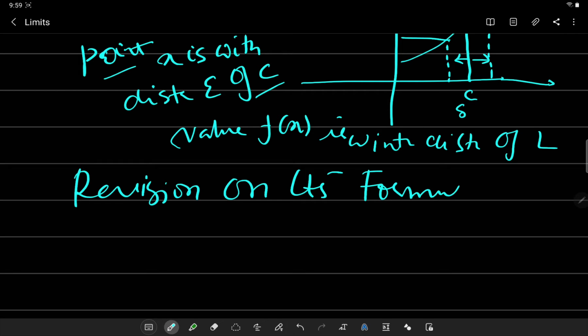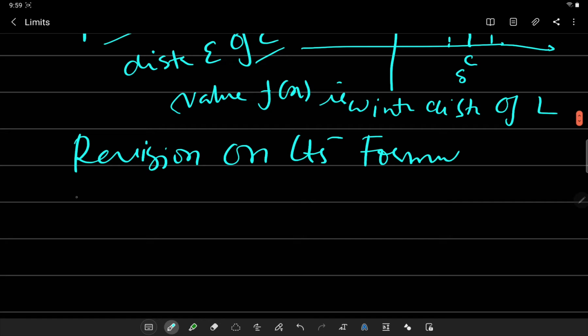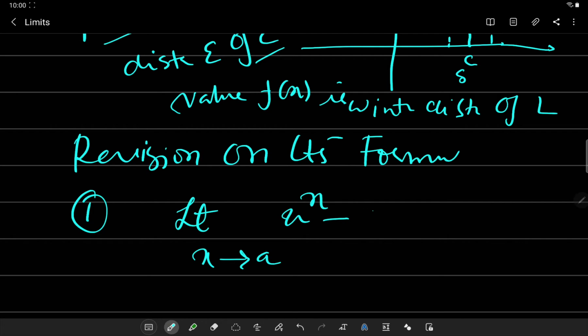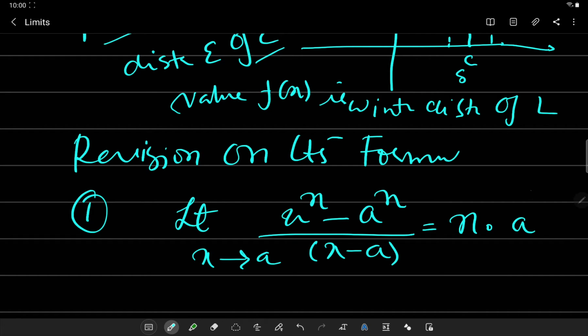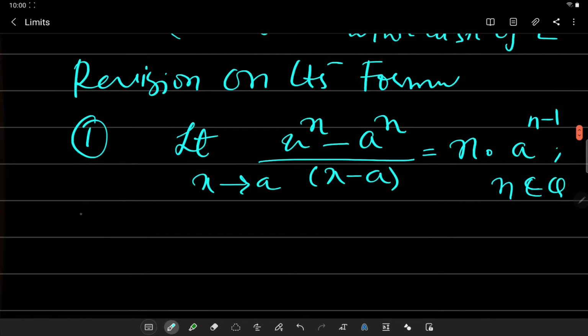So mostly we will be using the following formulas. The first formula, which we commonly use, is limit x tends to a of (x^n minus a^n) divided by (x minus a), which is simply n times a^(n minus 1), where n is a real number.